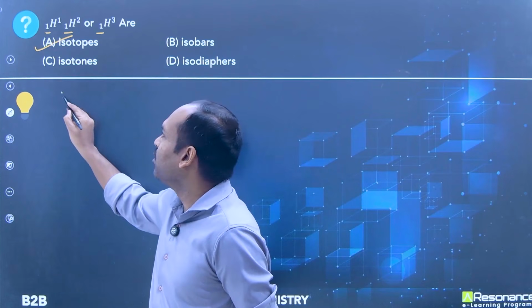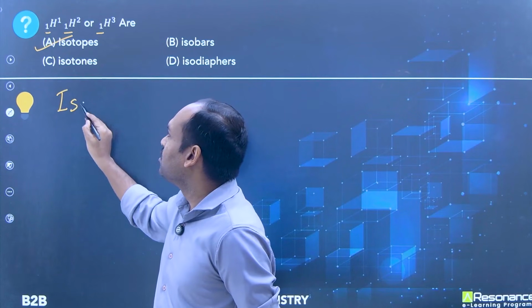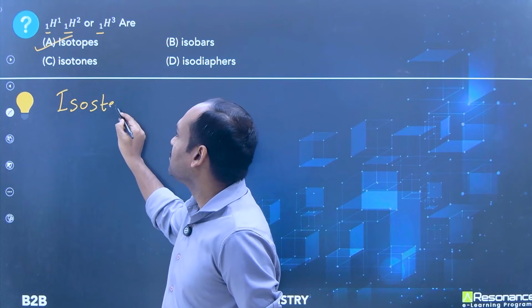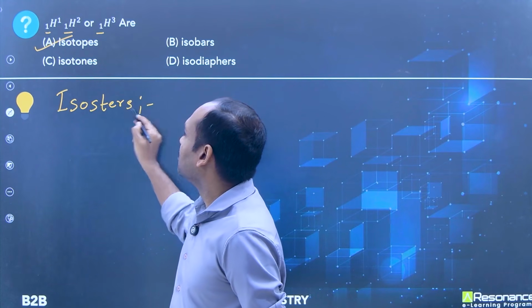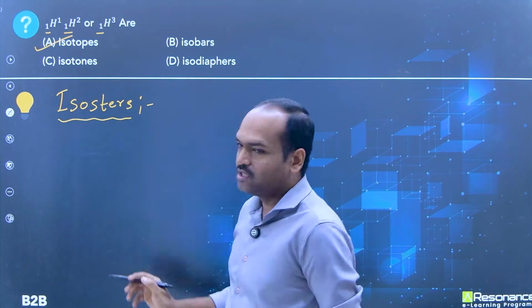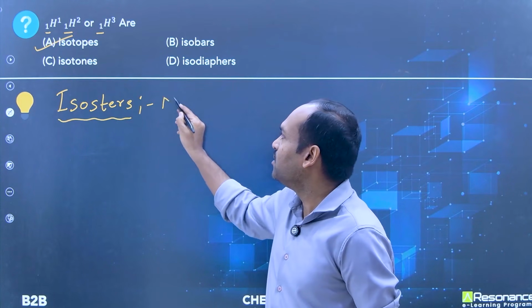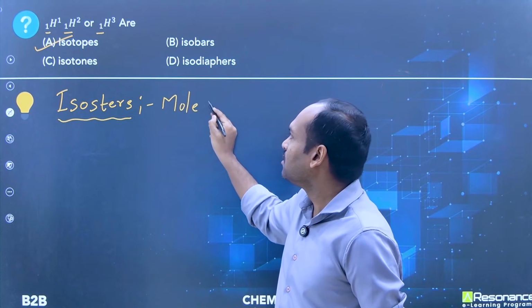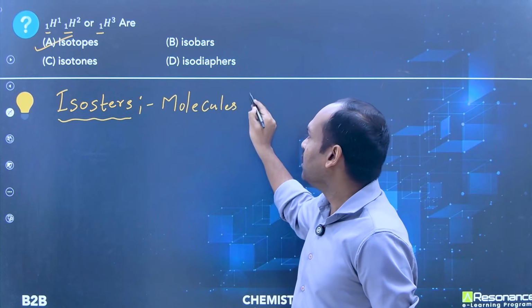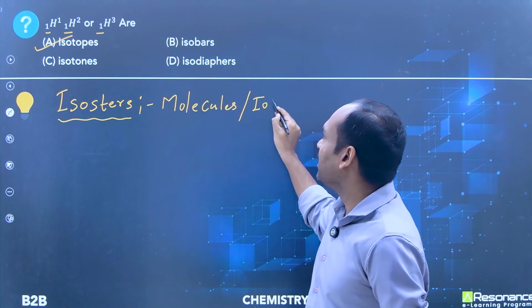Now two terms I want to discuss. Isosters. What are isosters? We'll write like this: molecules or ions, ions also you can take.